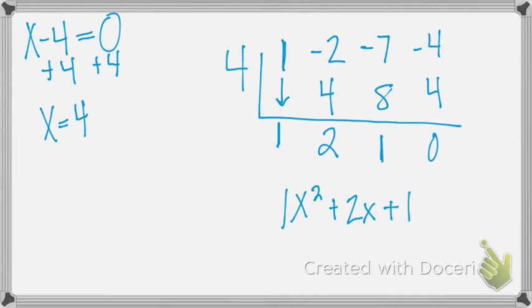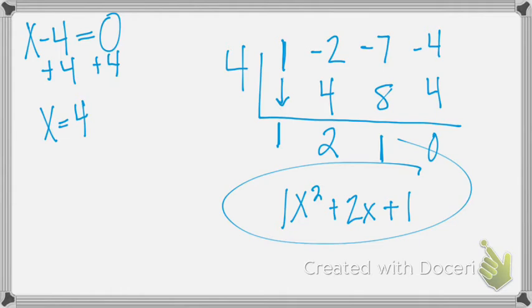I just filled in my coefficients. Now that 0 means I don't have a remainder. If I had a remainder, it would be a number, but I don't have a remainder. So this is my answer.